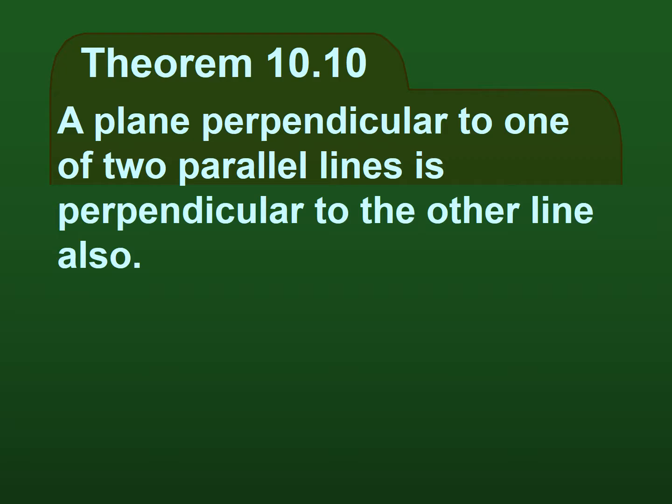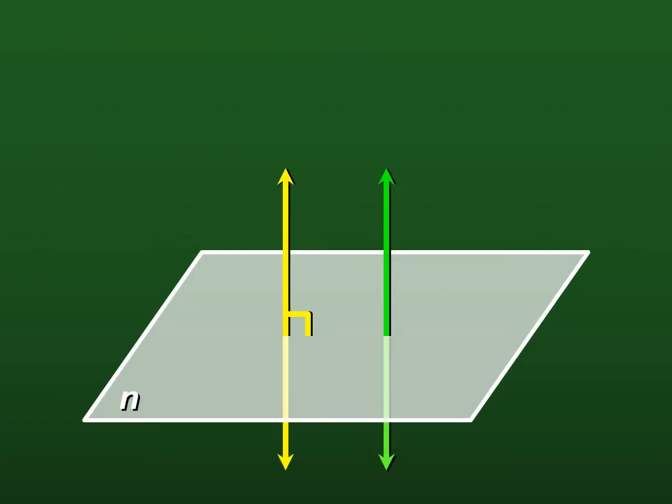Our next theorem says that a plane perpendicular, which means that it's intersecting at a 90-degree angle, to one of the two parallel lines is perpendicular to the other line also. So here is a picture of a plane N, and plane N is perpendicular to this yellow line.